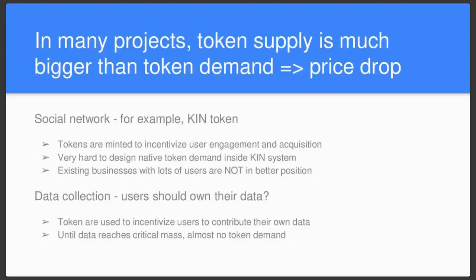This is a type of network product where it's very hard to design native demand inside the system. So eventually, with the Kin token, the value would keep going down, and sometimes could even drop all the way to zero. And that means the initial idea of using tokens to incentivize user engagement or acquisition will stop working.